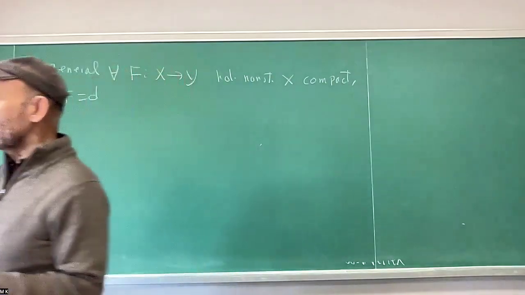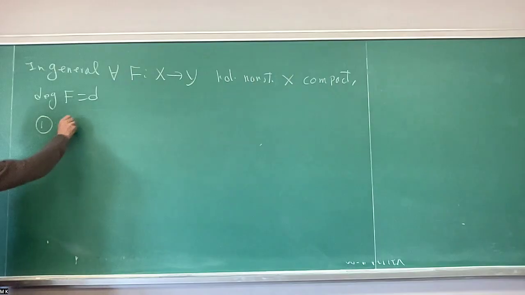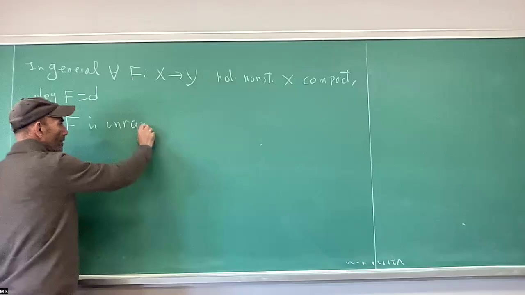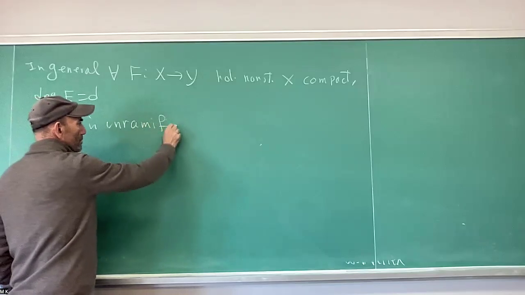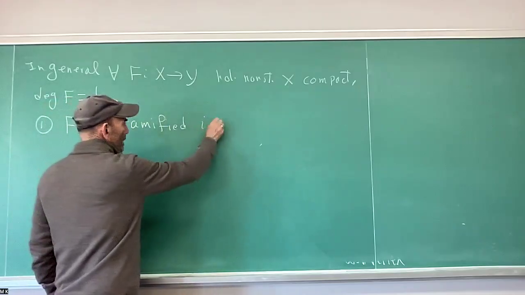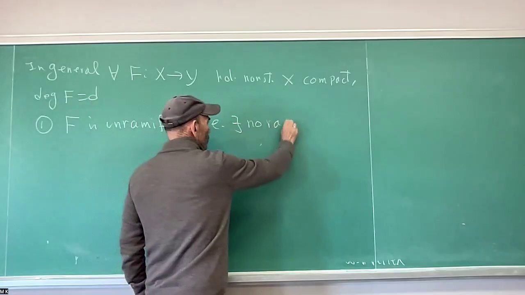Either it is unramified. First case, the simplest case, f is unramified. So there are no ramification points, i.e., there exist no ramification points.